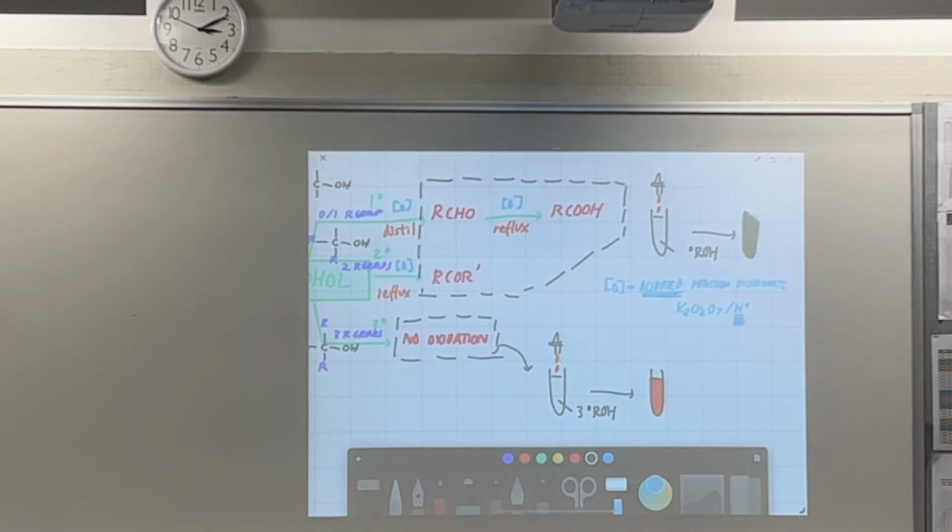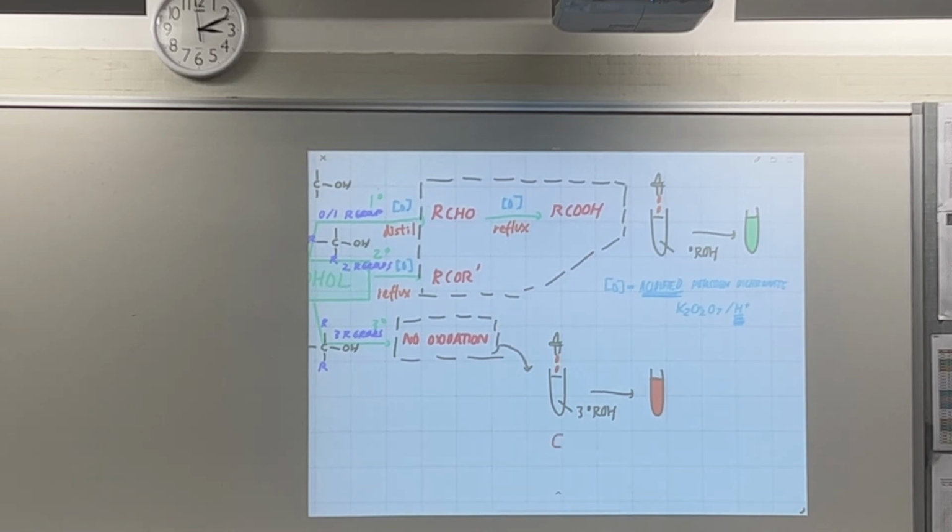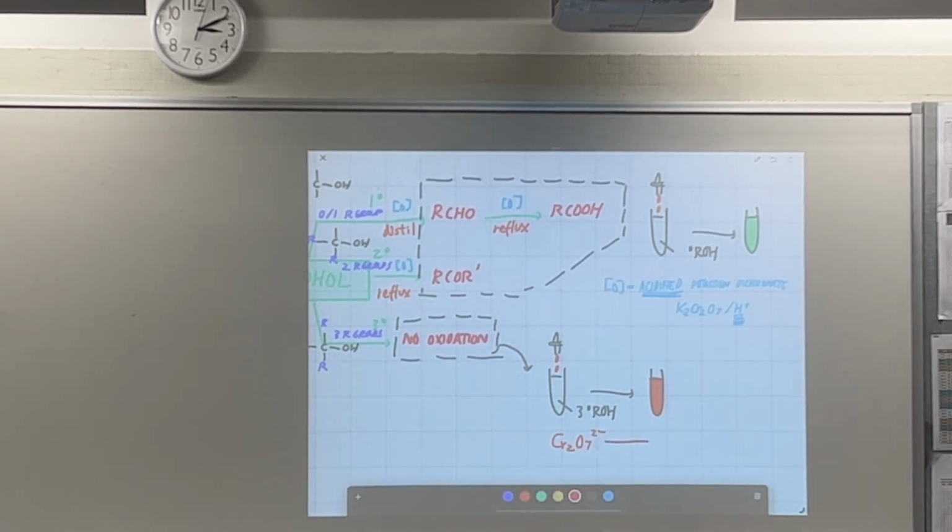Can you tell me what is the formula of that green chemical? Cr3+. Yes, so you see, Cr2O7 2- cannot become Cr3+ in here. This is why it remains orange, as it cannot go forward. The dichromate ion cannot become chromium because there is no oxidation.